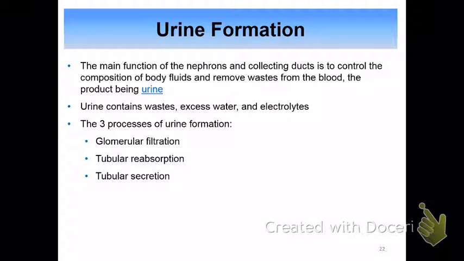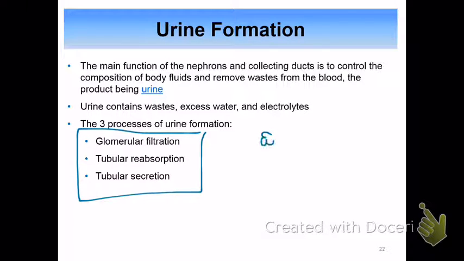Okay, how do we make urine? There's 3 steps. And hopefully by now you've watched that Khan Academy video that I told you to watch, and you know these 3 steps. So the first one, if you're looking at the nephron, here's your glomerulus. Here is your proximal convoluted tubule.